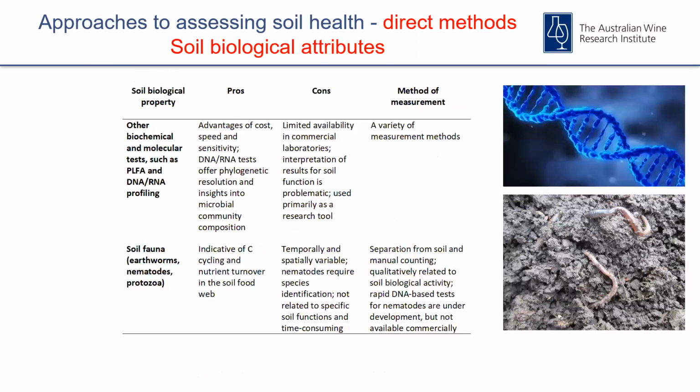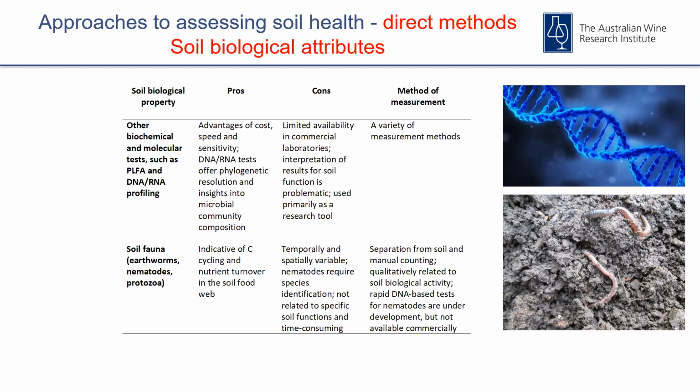The last two here, really, we're stepping into the world of new genomic technologies that are able to take a sample of soil and assess the microbial diversity through DNA and RNA testing, and offer pretty good resolution and insights into the microbial community composition.